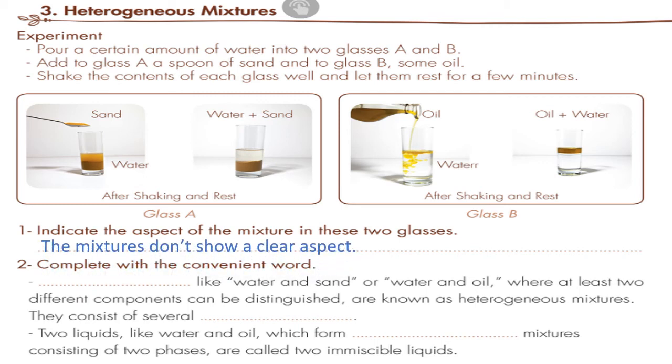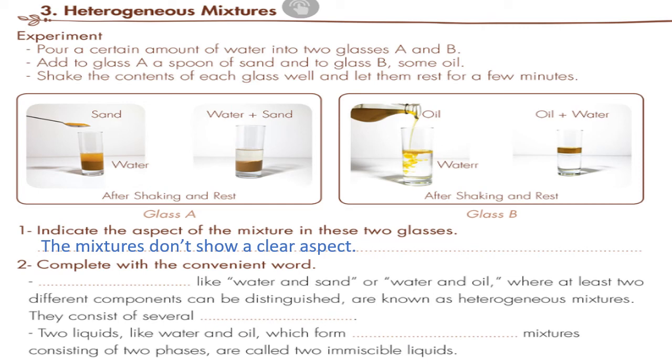No, the mixtures don't show a clear aspect, because we can see that each mixture has more than one phase. Look, here we have two phases, water and sand at the bottom. Here we have water and oil floating on the surface. Number 2.